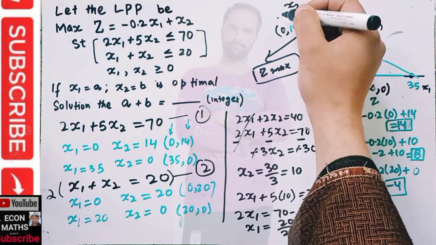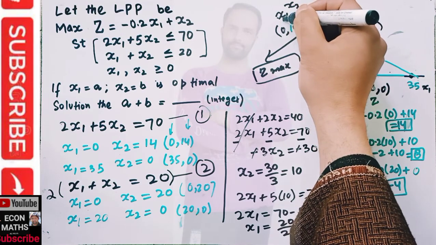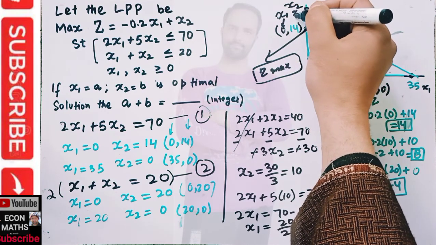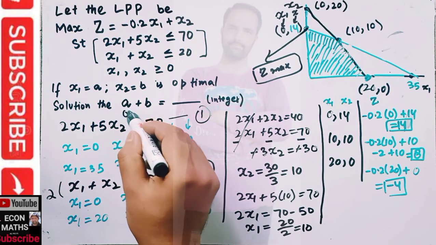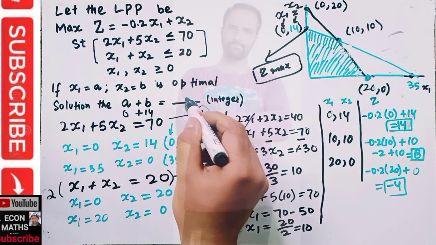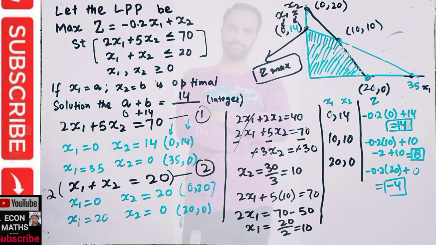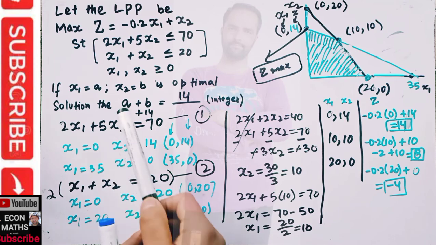That means our x1 is equal to 0, x2 is equal to 14. So we have 0 plus 14, which comes out to be 14. That means the maximum or optimal solution to this question is 14, and the optimal values of x1 and x2 are 0 and 14.